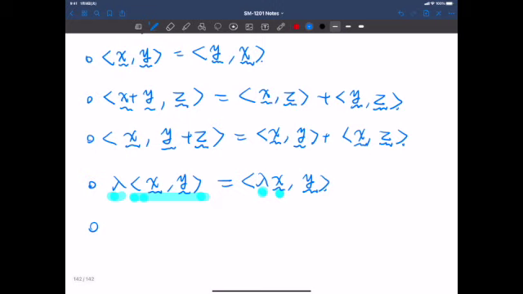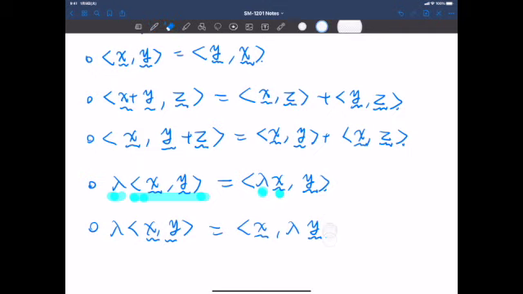And of course we have a similar result for the second argument, lambda y. So this lambda can come either here or here, but not both at the same time.